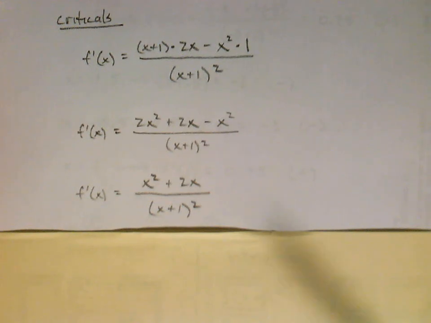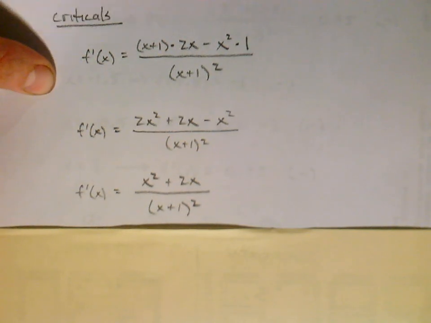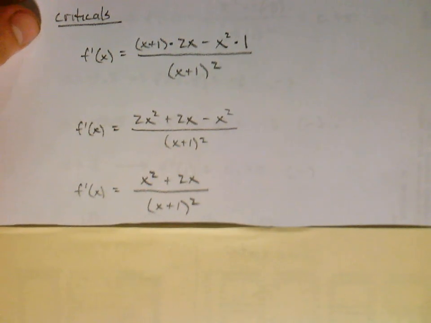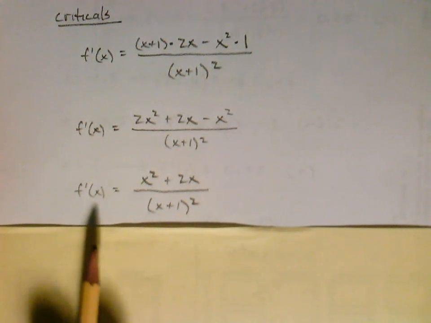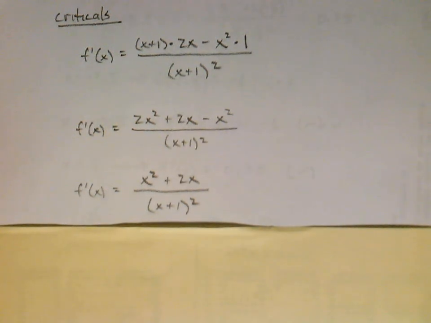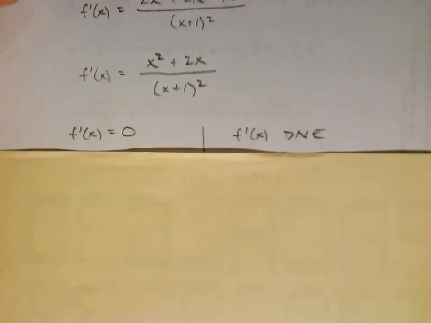Okay, really not spending a lot of time talking about the derivative because we've got quite a bit more to do. Hopefully you feel comfortable with that. Okay, so to continue with the criticals, there are two types of critical numbers. There's when the derivative equals 0, and there's when the derivative does not exist. So let's look at each of those, and let's just do this side by side.